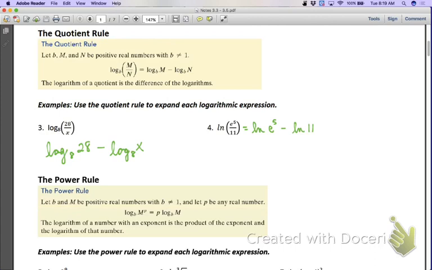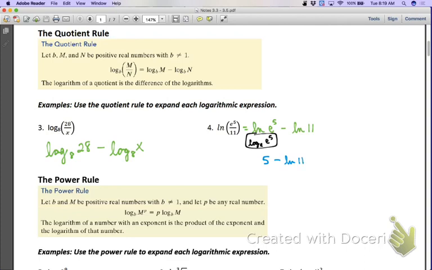From what we did yesterday, remember that you can write the natural log as log base e. So log base e of e to the 5th turns into 5, right? So I'm going to have just 5 minus the natural log of 11.